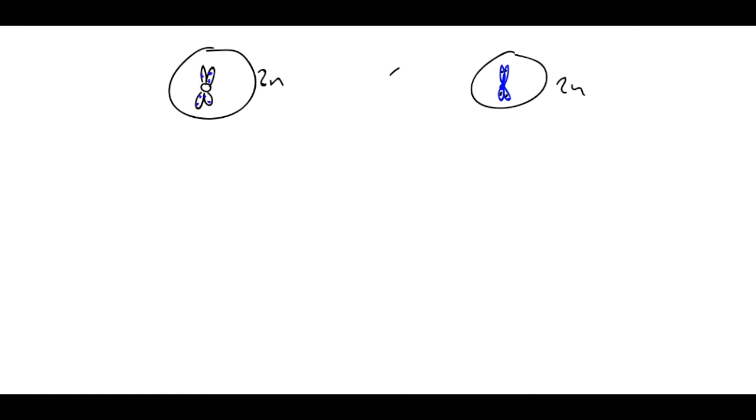We've just finished meiosis 1. Now we're going to go through another stage called meiosis 2. And in meiosis 2, you get the 4 phases again. You get prophase, metaphase, anaphase, telophase.